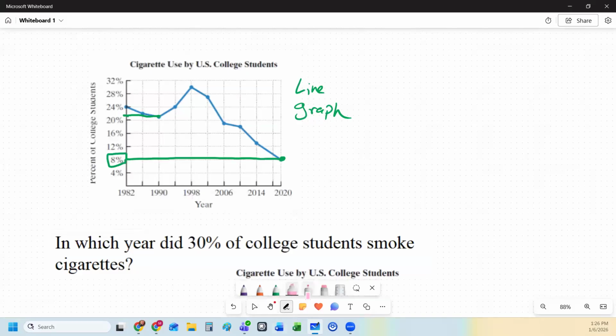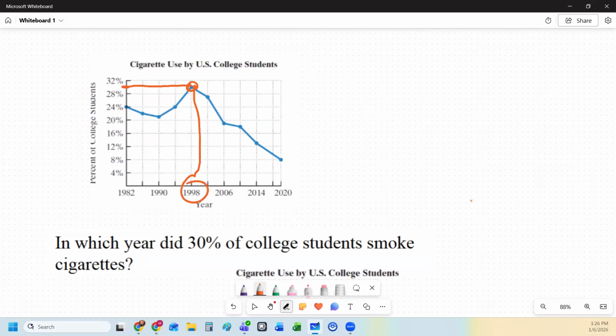Well, let me clear my junk out of here. And it's fairly easy. 30% is a number on the left. It's between 28 and 32 here. And that value right there corresponds to the year 1998.